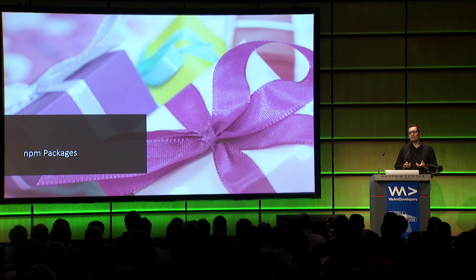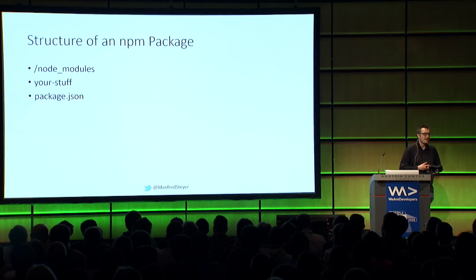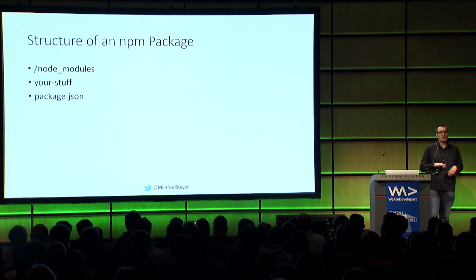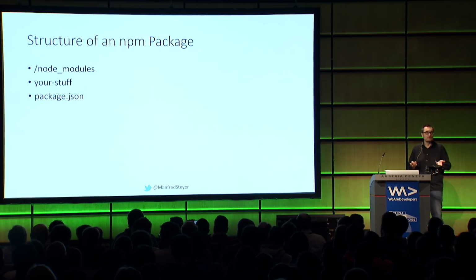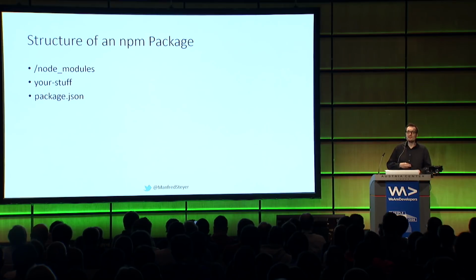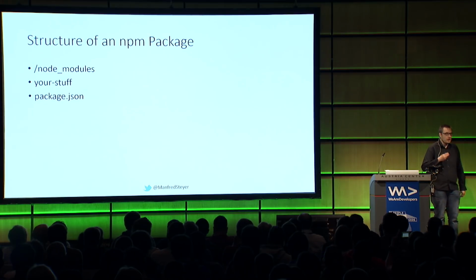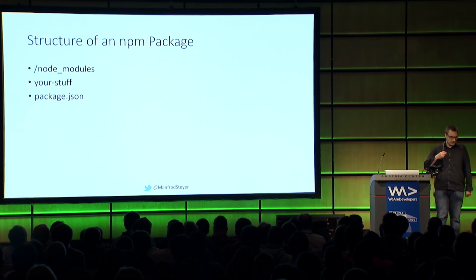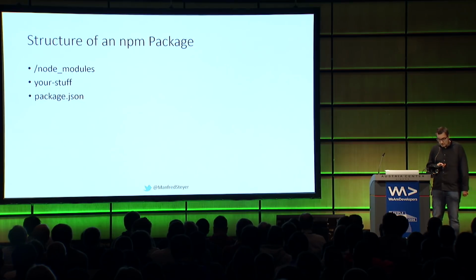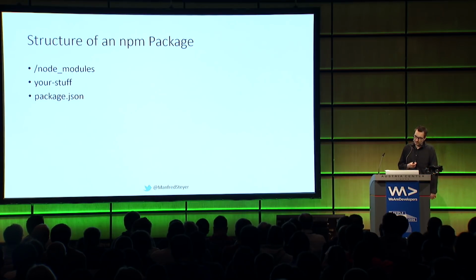I assume every one of you has seen an NPM package before. It's quite an easy thing. It is just a folder with a node_modules folder. This node_modules folder contains other packages we depend upon. We have our own stuff in here, our own JavaScript files, our own HTML files, our own CSS files, and so on.